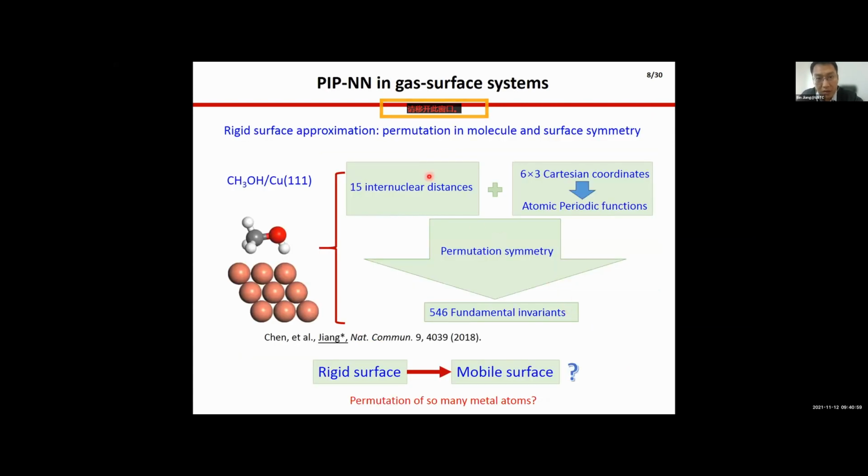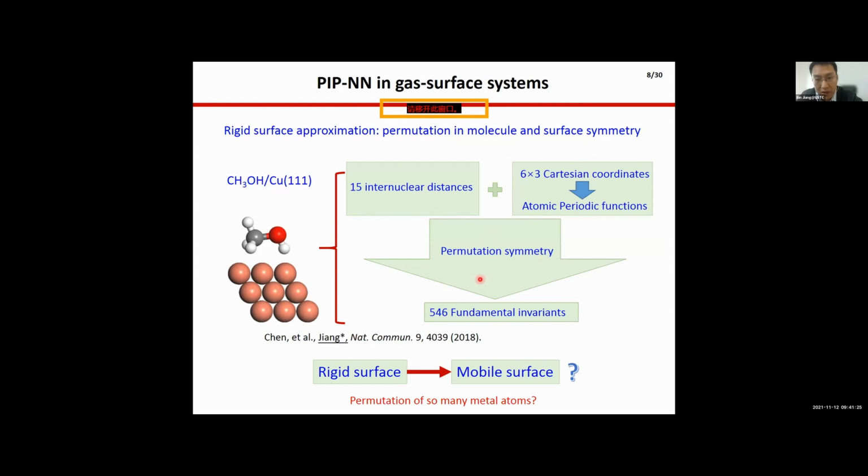And for using this approach in gas-surface interfaces, we have to make additional assumptions. For example, we have to fix the surface degrees of freedom and consider the permutation in the molecule and the surface symmetry. So the largest system we have done is methanol dissociation on the copper 111 surface.